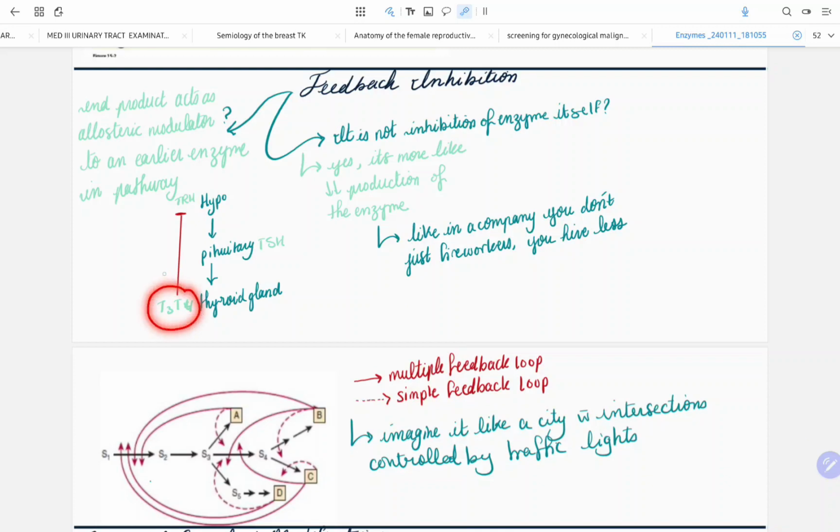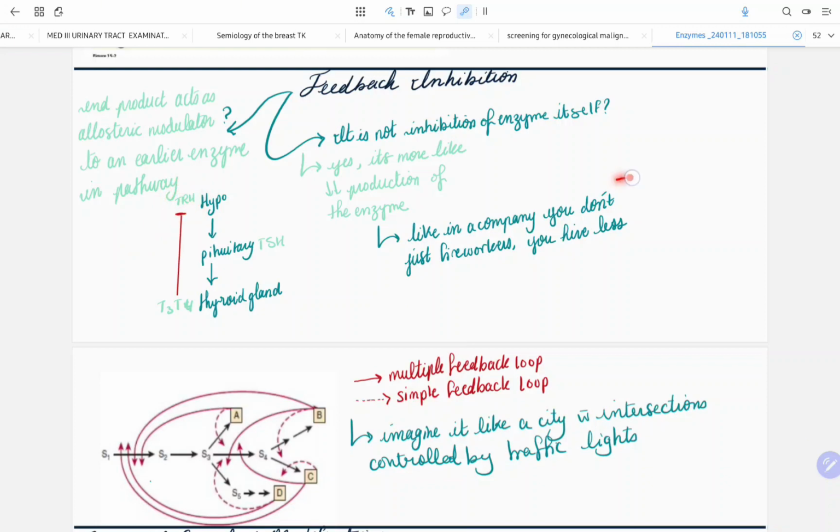So T3 and T4 go to the hypothalamus and deactivate the TRH. But in this case, TRH is not exactly inhibited. What happens is that there's just decreased production of TRH instead of inhibiting it, right?